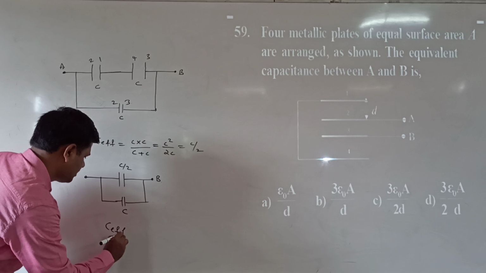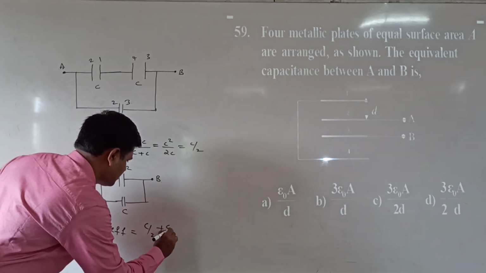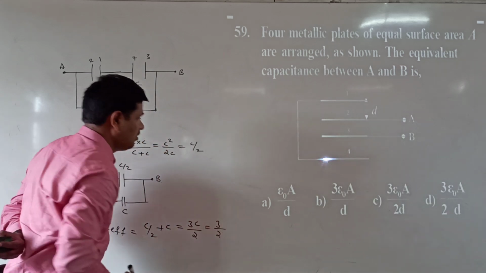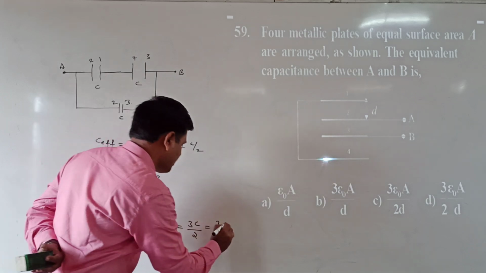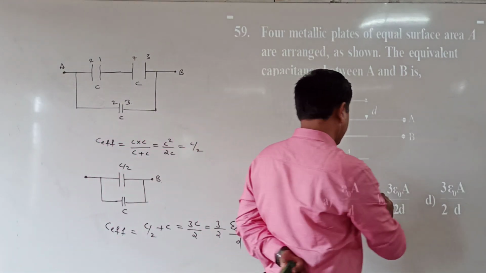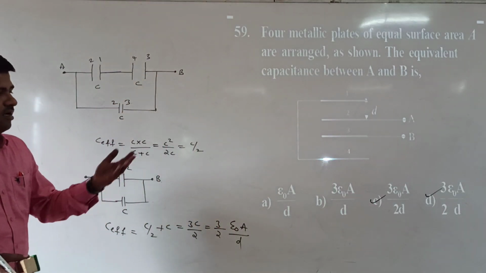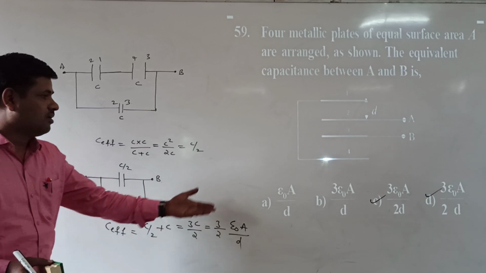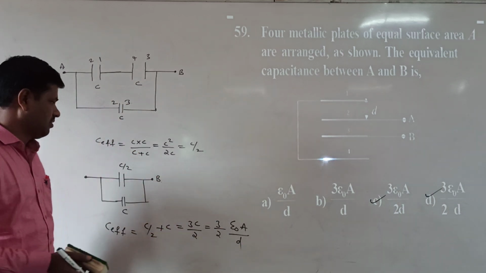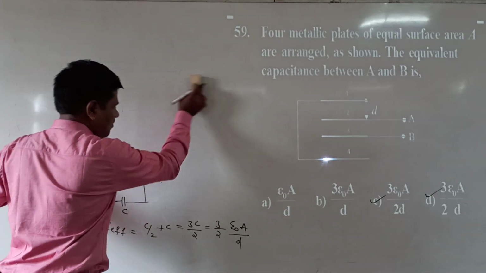So C effective is C by 2 plus C, which is equal to 3C by 2. The capacitance of the parallel plate capacitor is epsilon naught A by D, so 3 by 2 times that. Here C and D options are the same, so both C and D are correct: 3 epsilon naught A by 2D. A and B are not correct. That is the difference. This is question number 59.